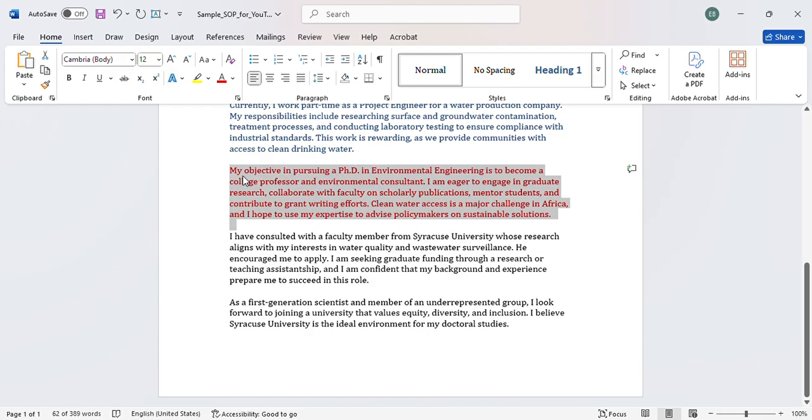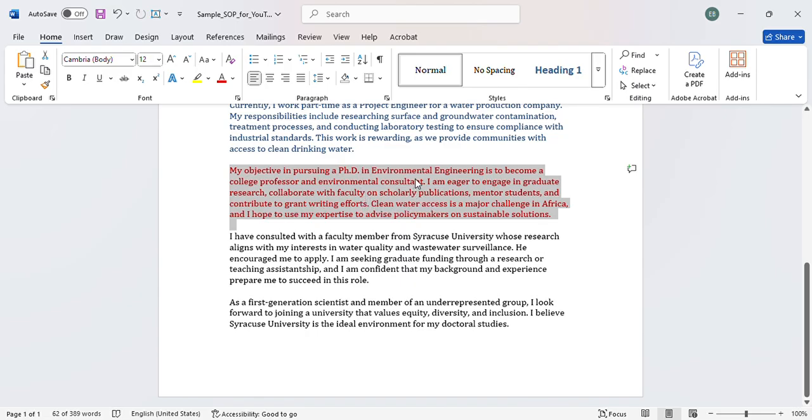My objective in pursuing a PhD in environmental engineering is to become a college professor and environmental consultant. I'm eager to engage in graduate research, collaborate with faculty on scholarly publications, mentor students, and contribute to grant writing effort.